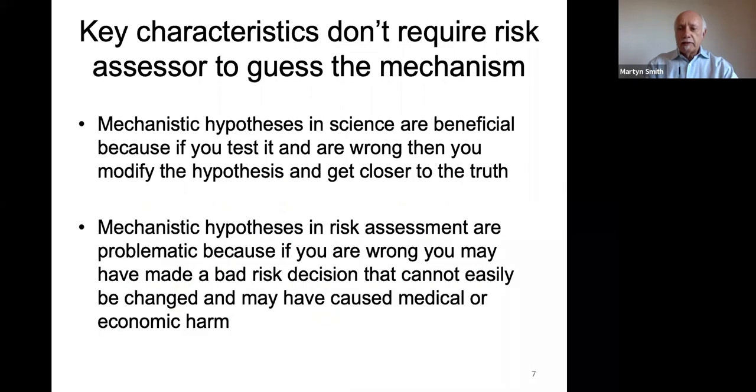The problem is that a mechanistic hypothesis in science is really beneficial, because if you're wrong, that's great, as you modify your hypothesis and get closer to the truth. Whereas in risk assessment or hazard identification, this is problematic, because if you're wrong and you make a bad risk decision, it cannot easily be changed. Regulations take many years to implement, and you may have caused medical harm by doing that, and also economic harm in the other direction.